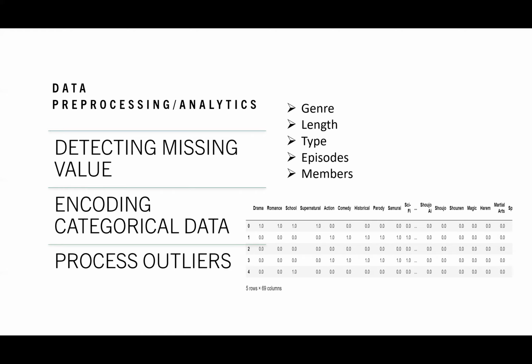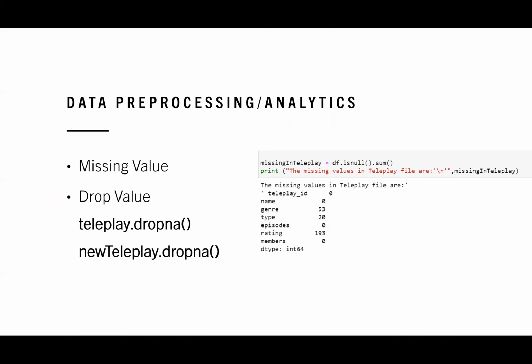In the second picture, we can see a sample of how we encode the categorical data into numerical data, and at the top is a 5-column categorical data.